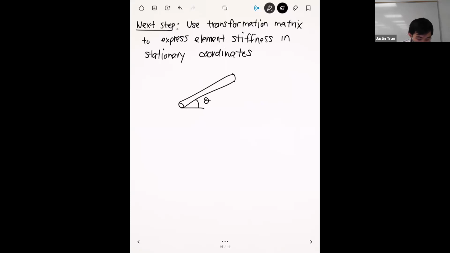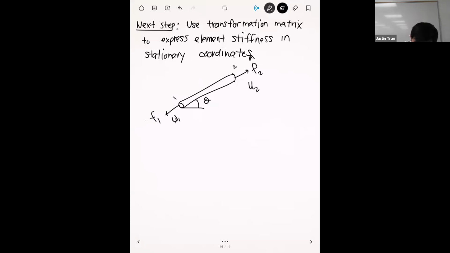And so if we use the local coordinates, we can form the element stiffness matrix, right? We call this node 1, node 2. And we'll say this is F2, and this is F1, and this right here would be U1, U2.